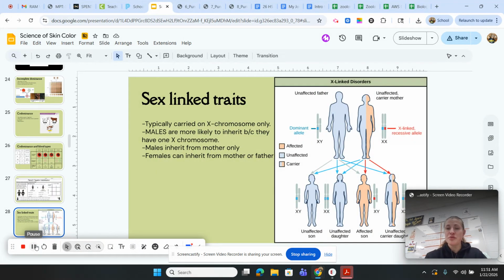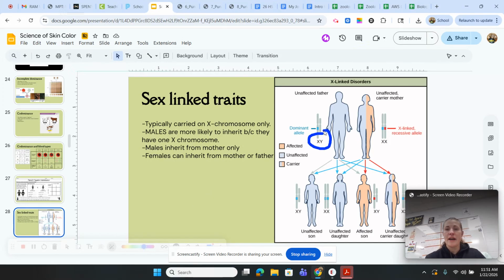And the last unusual genetic trait we have is sex-linked traits. So with sex-linked traits, these are typically always going to be on the X chromosome. So just to reiterate, if you are a male, you are going to have XY chromosomes. If you are a female, you have XX chromosomes.